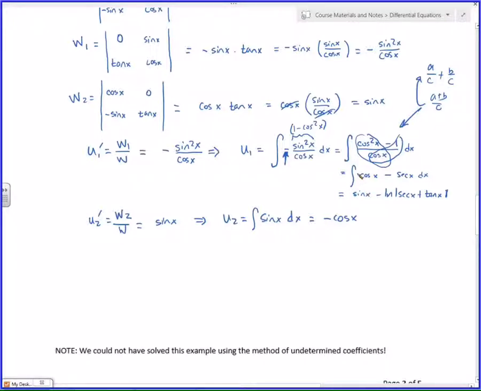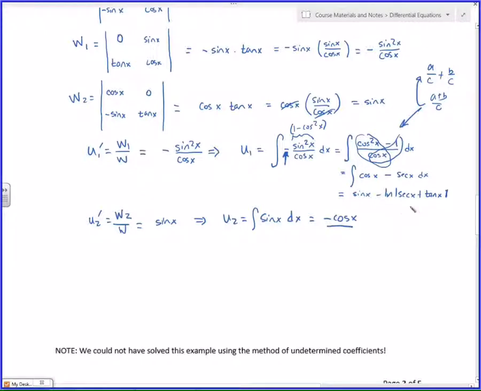You may be cringing a little bit because I'm doing an indefinite integral without plus C's. But I don't need all possible solutions to this. I only need one particular solution. I'm ignoring those parameters because I already have my general solution taken care of with the C1 y1 and C2 y2.